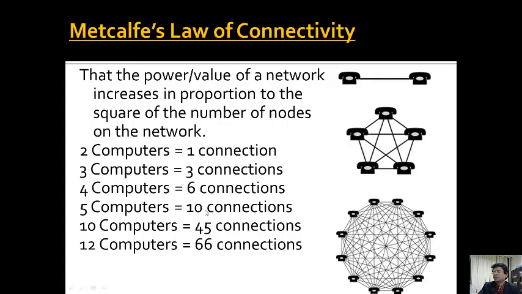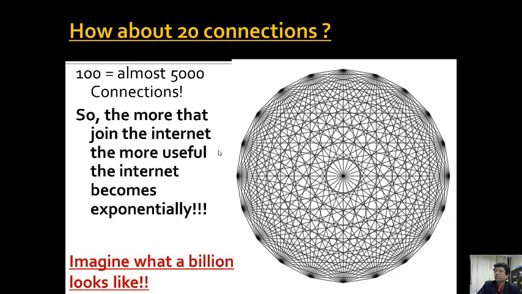So as the number of computers increases, the connectivity grows, and the power of the network increases in proportion to the square of the number of nodes. So how about 20 connections? The picture may look like this, and the power of the network is huge.